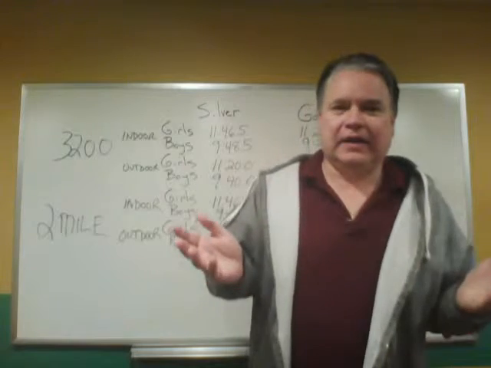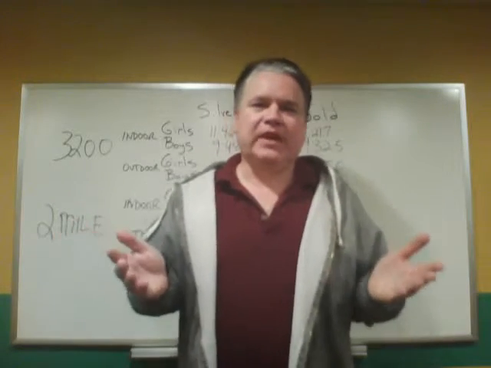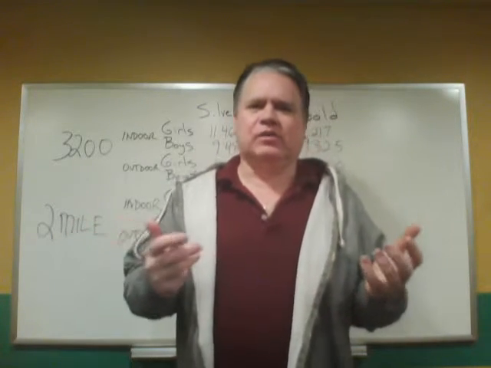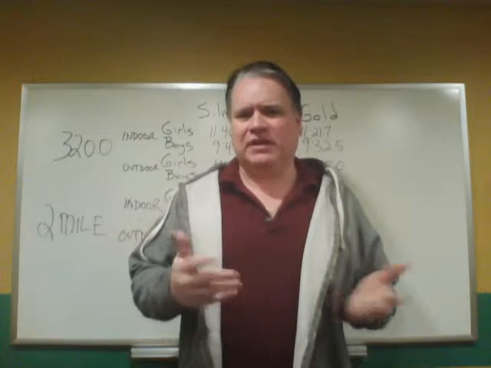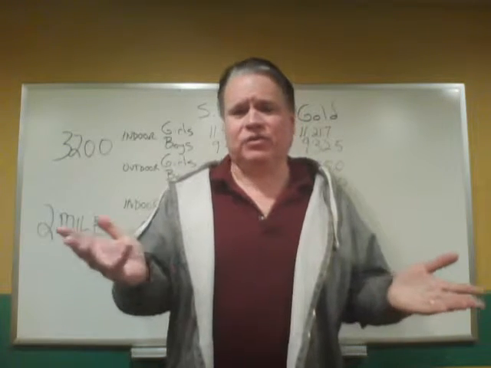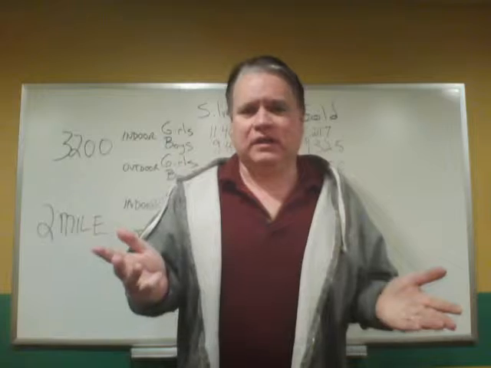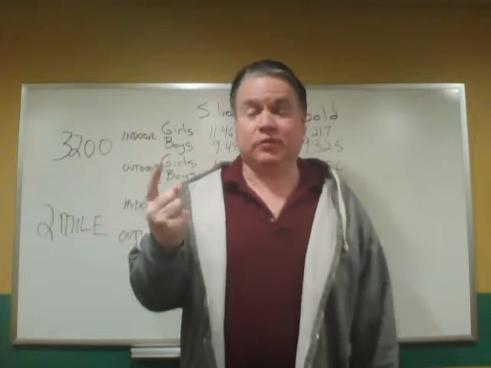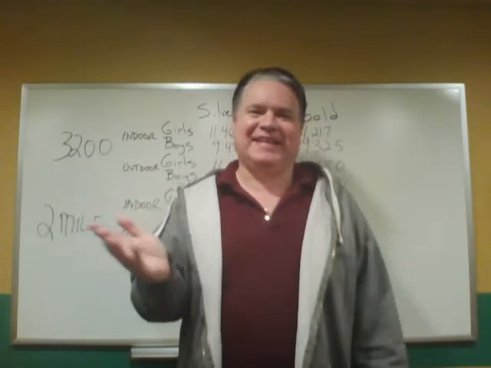Now, maybe some of your high school dual meets or tri meets, maybe you're only talking about 2 or 3 runners. Maybe even just one. Or maybe nobody's running, because that can happen.